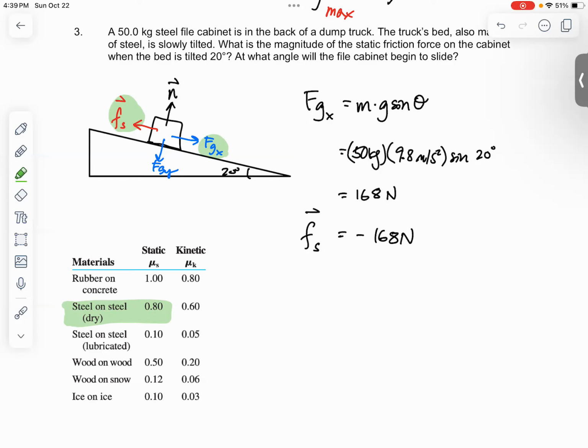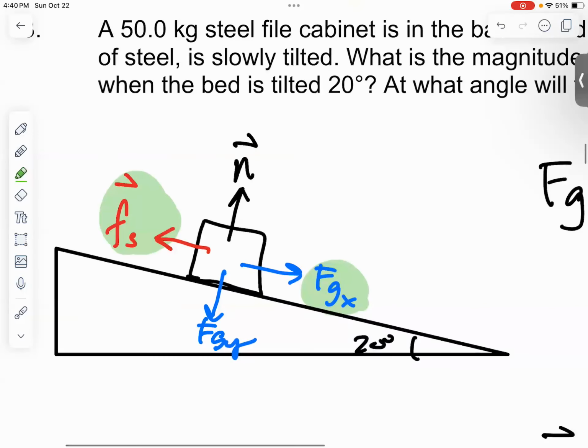So now, at what angle will the file cabinet begin to slide? This is about our concept of the maximum friction. You want to find out at what angle, not 20 degrees, likely, so that your FGX is going to be slightly greater than your static friction.